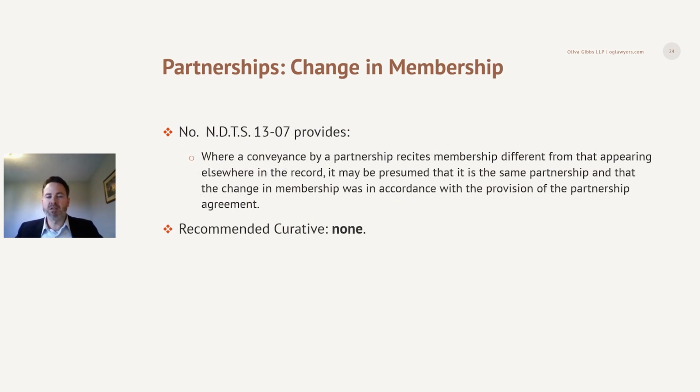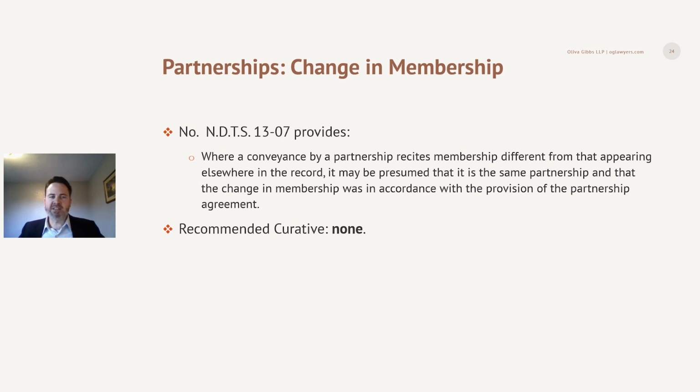Title Standard 1307 provides that when the conveyance by a partnership recites membership different from that appearing elsewhere in the record, we may nevertheless assume it is the same partnership and that the change in membership was in accordance with the provision of the partnership agreement. As a result, no action is required.